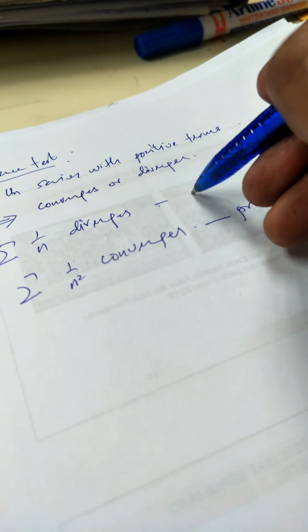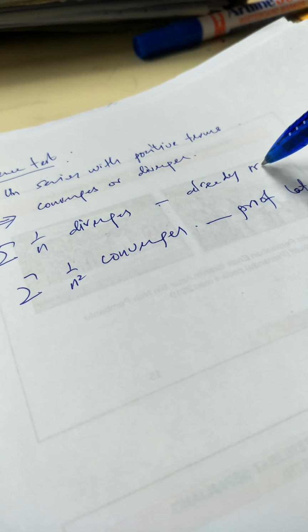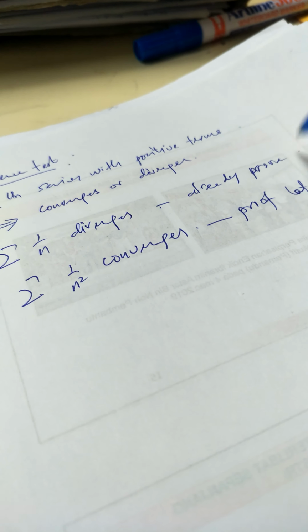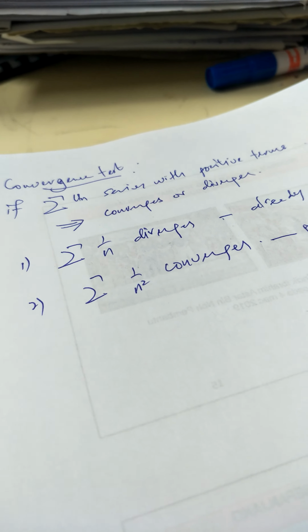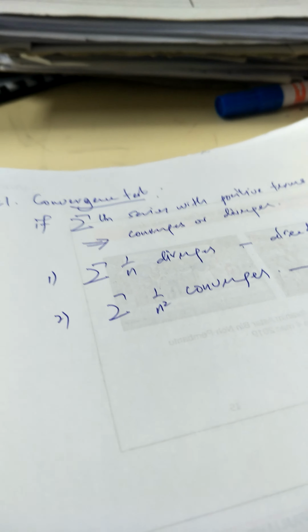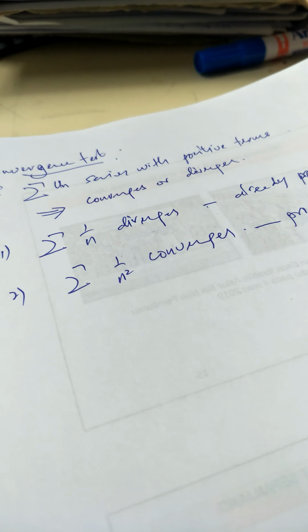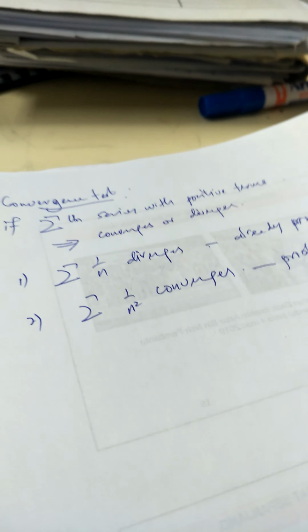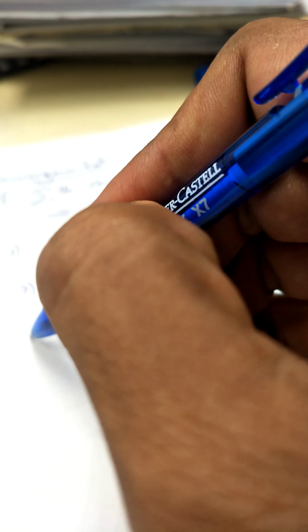This one we already know; we have proved that this series diverges. So we will use these two series as a comparison to determine other series, whether the other series converge or diverge. So let's see comparison test 1.